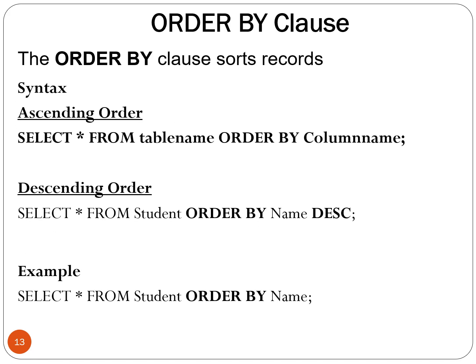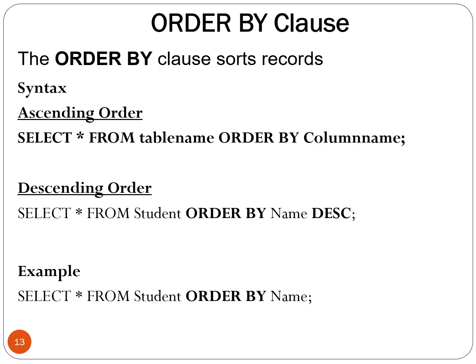The order by clause is used to sort the records. By default, records are sorted in ascending order. For descending order, we need to use the DESC keyword. DESC stands for descending. For example, select star from student order by, and the column name has to be written, which decides in which order the records need to be sorted.